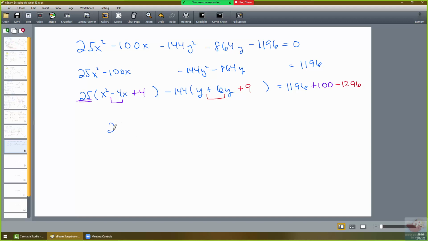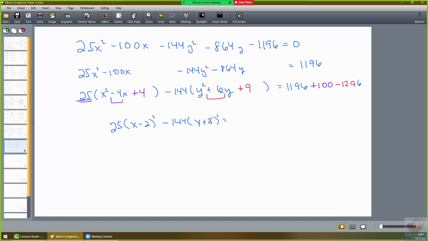So on the left, 25 times x squared minus 4x plus 4 factors as x minus 2 quantity squared, minus 144 times y squared plus 6y plus 9, which factors as y plus 3 quantity squared.